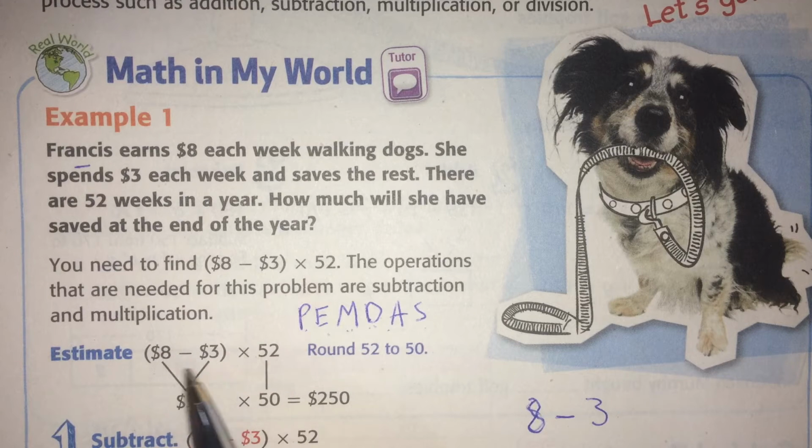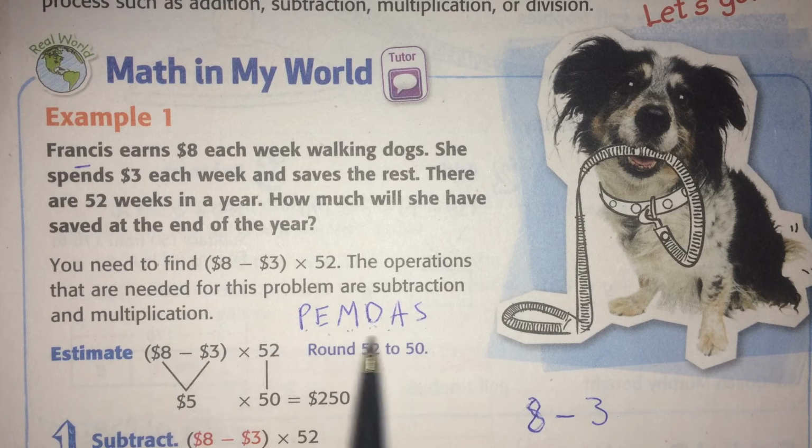You couldn't do, for example, 3 times 52 and then have 8 minus whatever 3 times 52 is, okay? That'll throw your whole answer off. Okay, you always have to do what's inside the parentheses first. Okay, so we find the $5 that they're saving, and it's times 50.